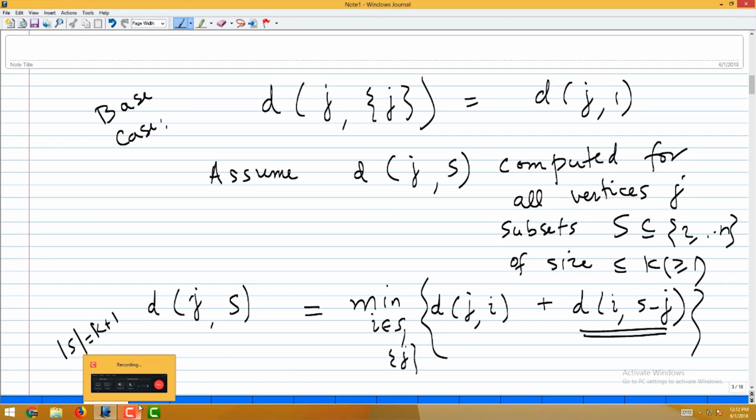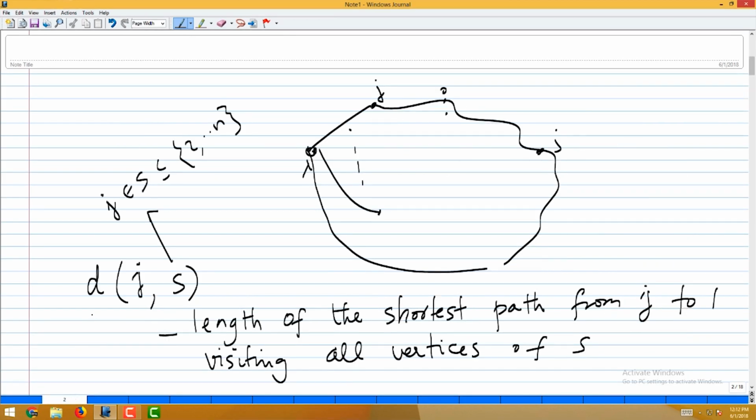So, how many entries are in your table? We are computing all possible j and all possible S. Roughly 2 power n times n entries, for every vertex j and every subset S. The number of subsets is 2 power n, the number of vertices is n.